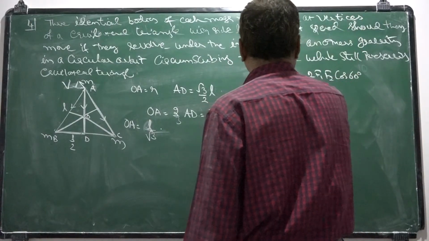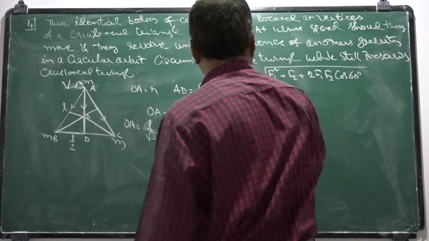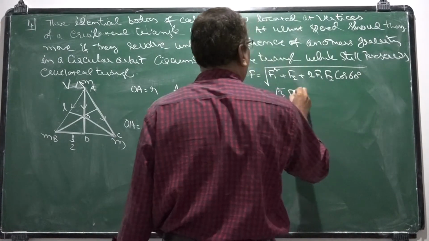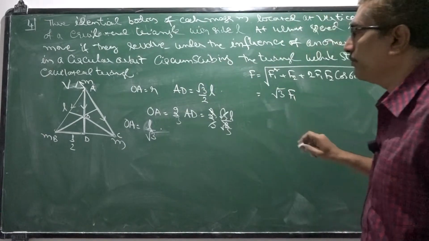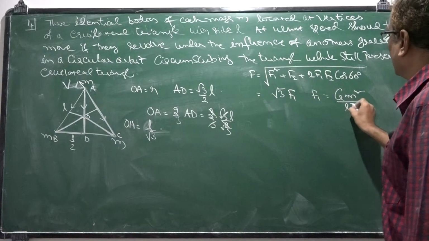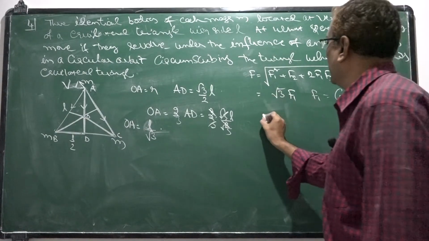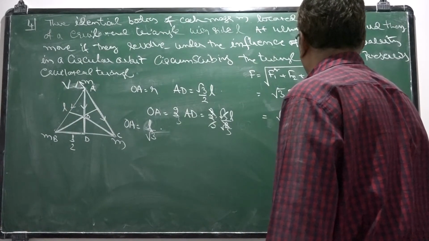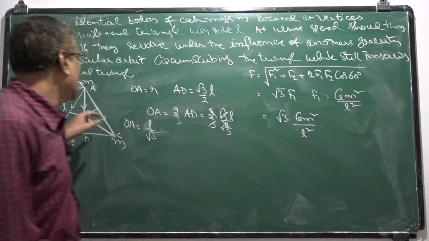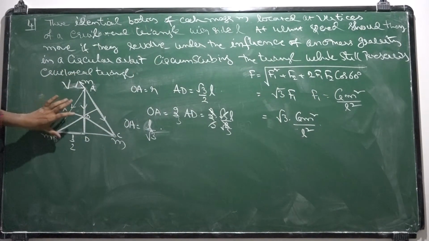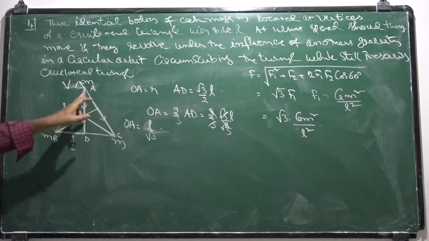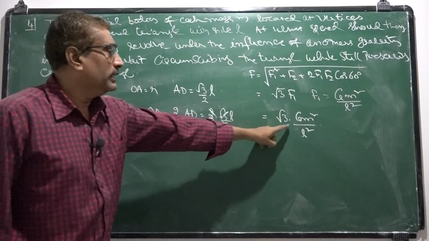But F1 and F2 are equal, so we can write it as root 3 F1. But F1 is equal to G M square by L square. So the resultant gravitational force due to these two particles on this particle is root 3 G M square by L square.